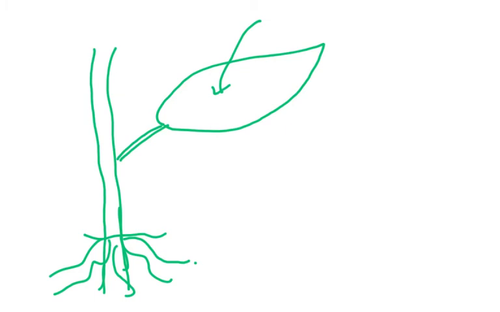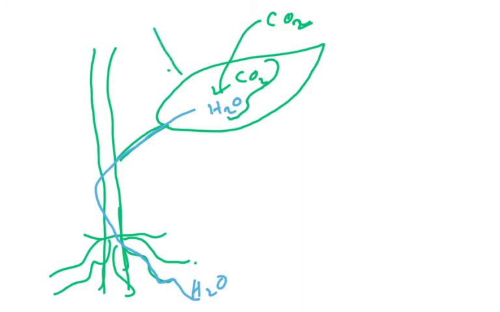So carbon dioxide from the air enters the leaf. The water molecule in the soil enters the root and comes up here. So the water from the soil reaches here, the carbon dioxide from the air reaches here, and this is combined in the presence of light to form a glucose molecule.